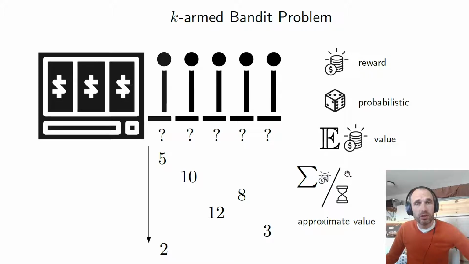Okay, and then the question is how to pull the levers in order to figure out which arm has the highest value. And the other problem is to over time also gain this reward, right?